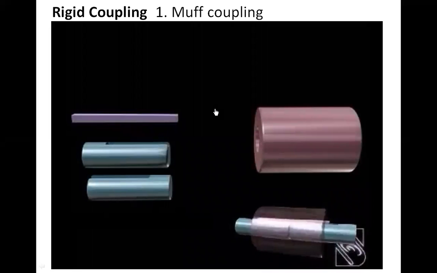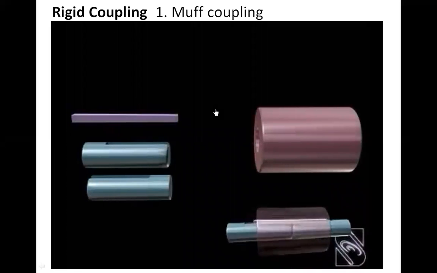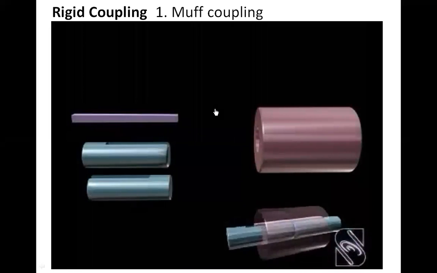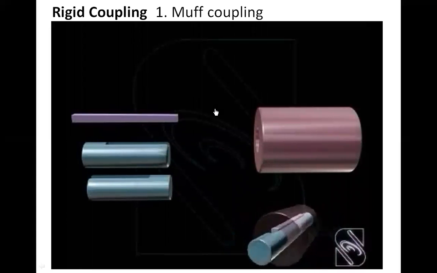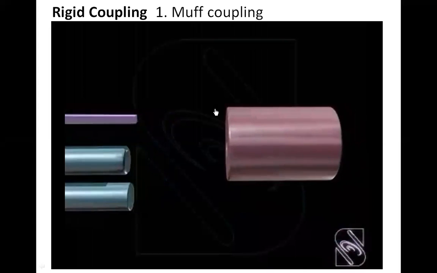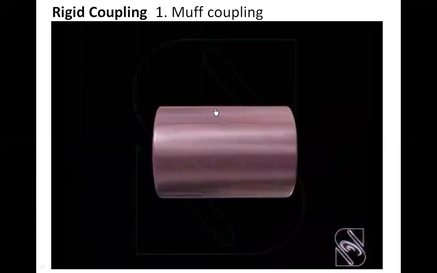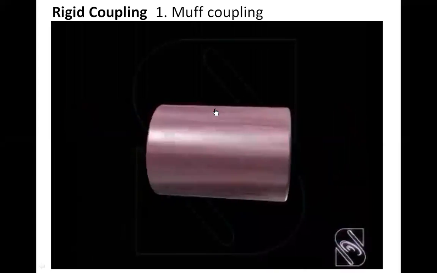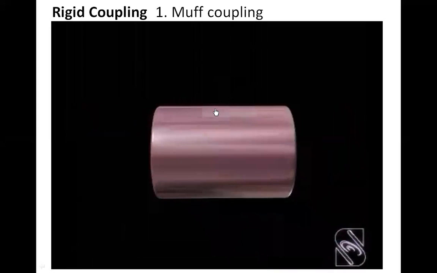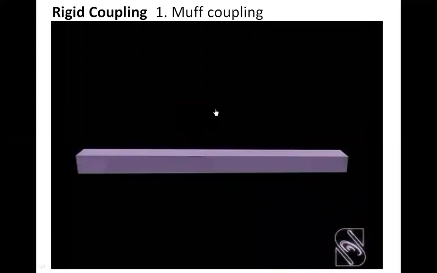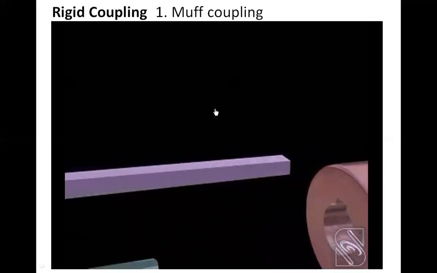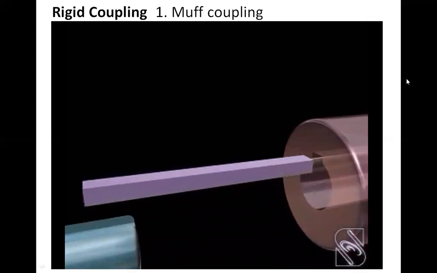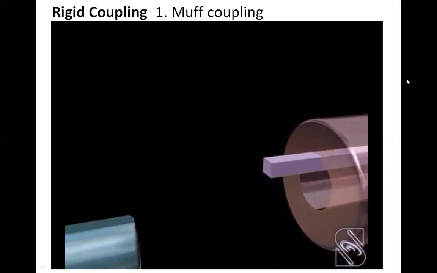A solid muff coupling is a simple type of coupling that we see here. See the parts of the solid muff coupling. This solid muff is made of cast iron. A taper sunk key is used to connect the shafts with the muff.